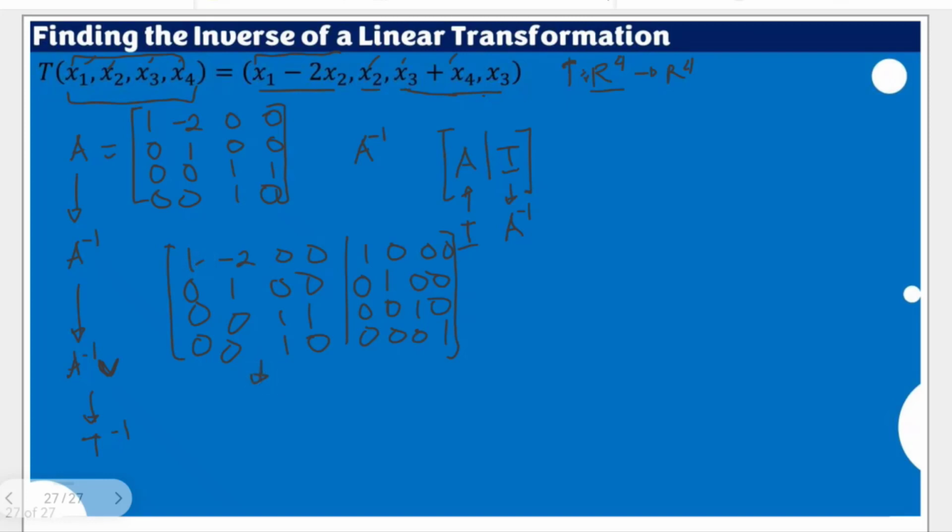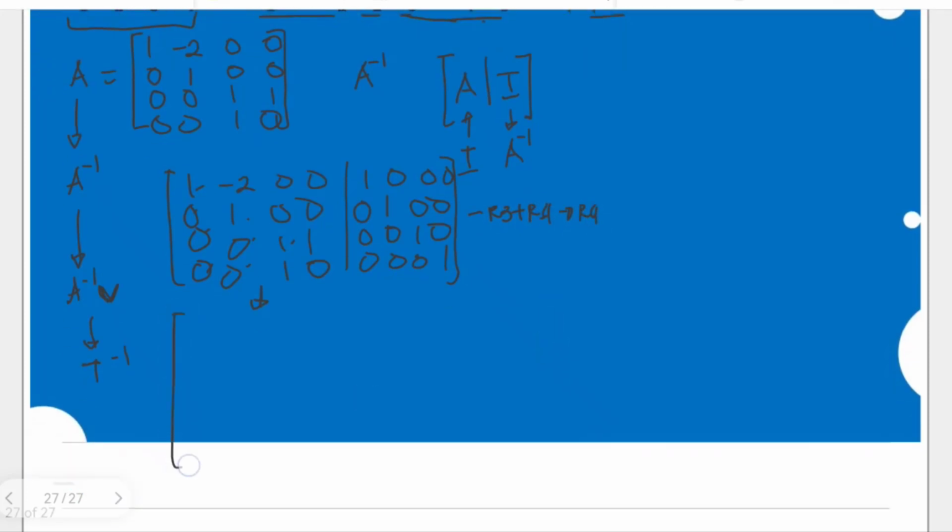Again, the goal here is to transform this into an identity matrix. So this is already a leading one. That's already okay. This is already a leading one as well. By the way, to make this leading one, let's make this 0. So what we can do here is simply multiply negative 1 to row 3 plus row 4 for a new row 4. With that, you will have this form here. The first row is unchanged. The second row is also unchanged.